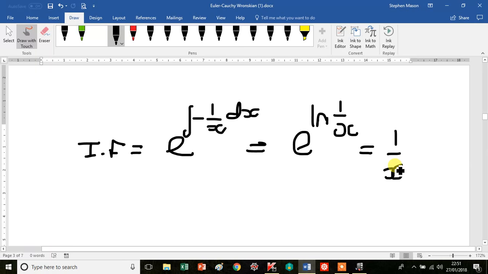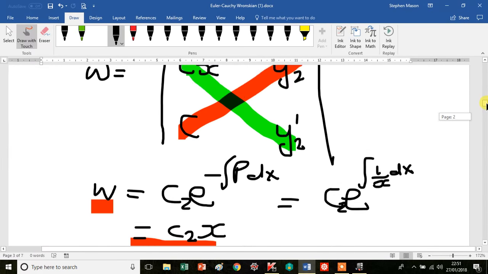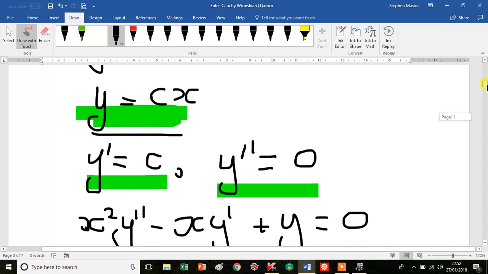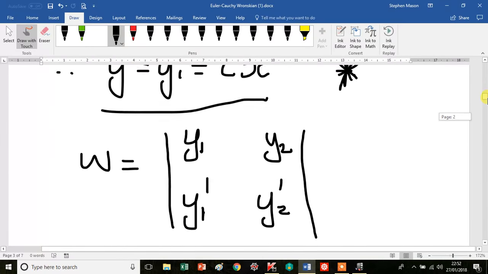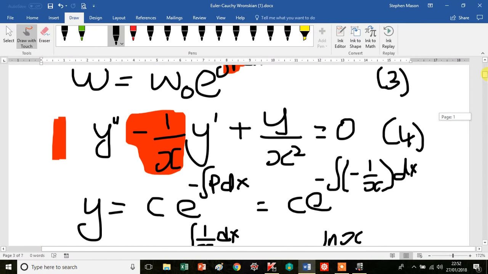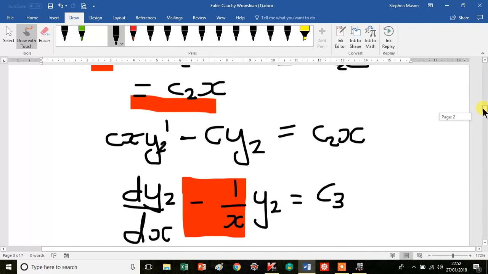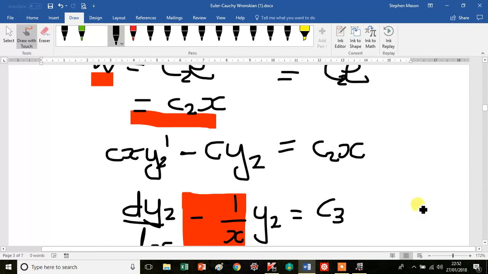Right, now I think what I ought to be doing is labeling some of these additional equations. So we've got equation 4 up there, and we've come all the way down to this equation here.